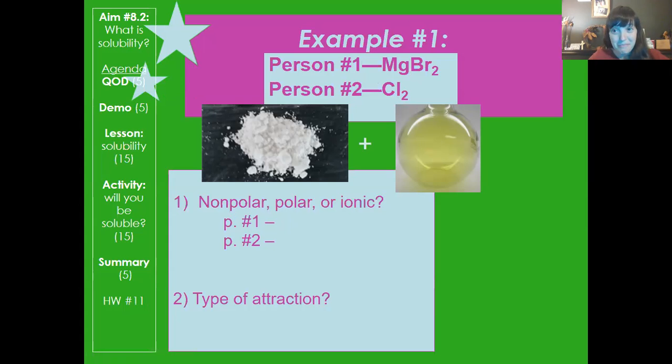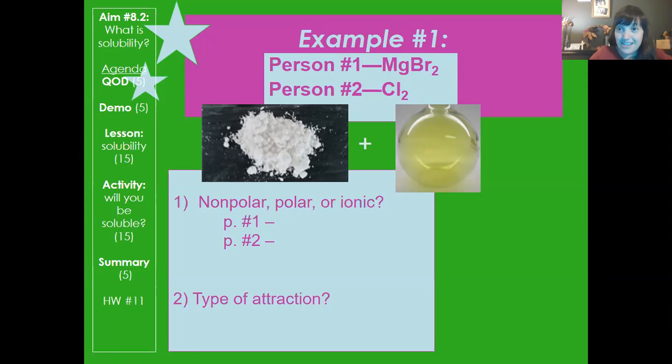That's right, nonpolar molecule because chlorine is a nonmetal. So if person 1 is ionic and person 2 is nonpolar, are they going to attract each other? No, ionic and nonpolar do not go together. They are unalike. So the type of attraction is no attraction. They would not make a solution.